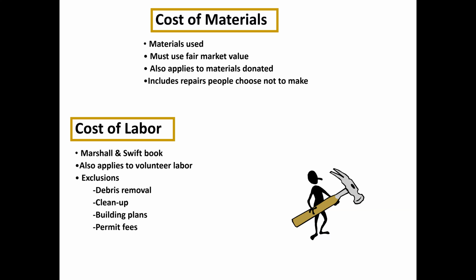We have to factor in what qualified labor would cost, regardless of whether the property owner is doing their own repairs or whatever the case may be. I have the full list on the next slide of what's included and excluded, but even repairs that people choose not to make, we're still factoring into the cost of repair. This applies to materials and labor that's donated.